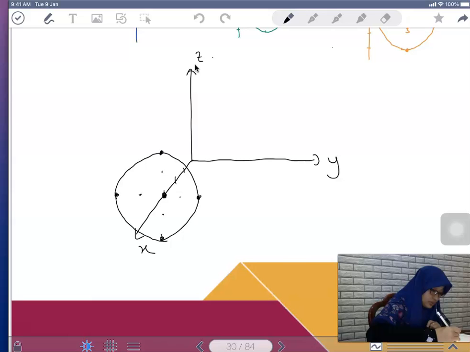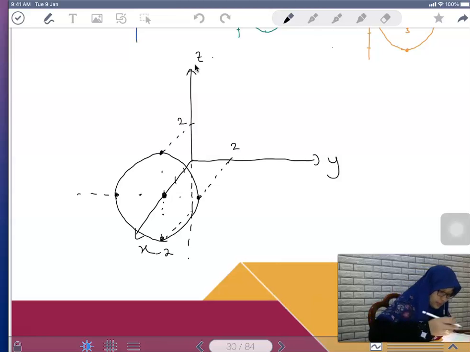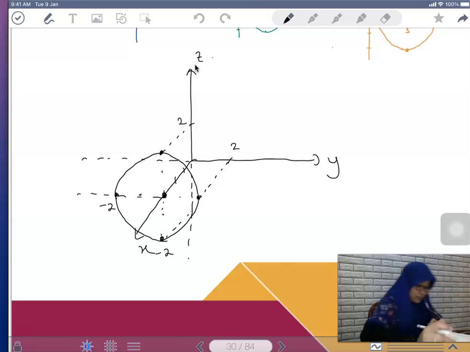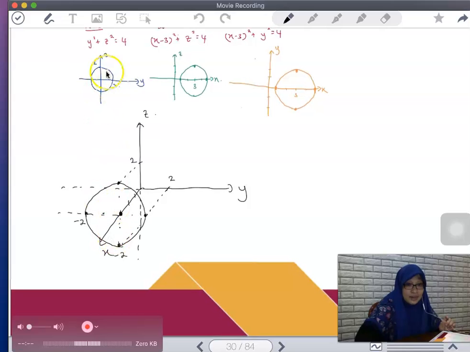Okay, so this is 2, and this is 2, and that is -2. Okay, -2, and this one is somewhere at the back over here, and it is -2. So that is the circle, this blue one.